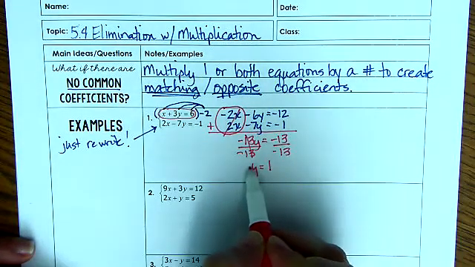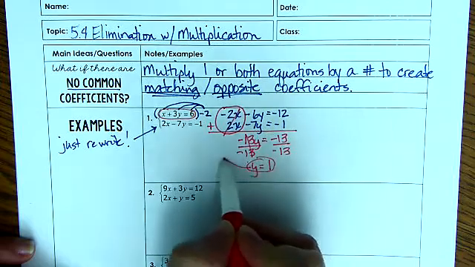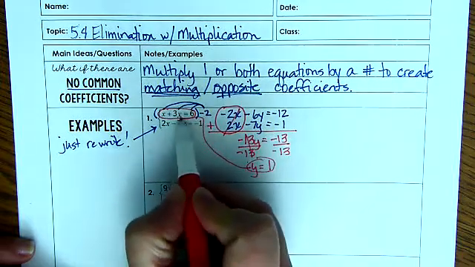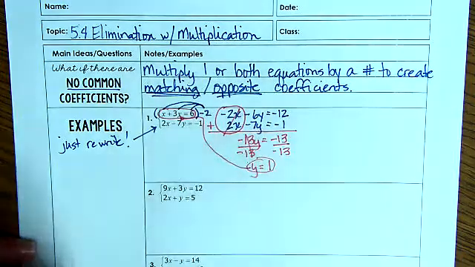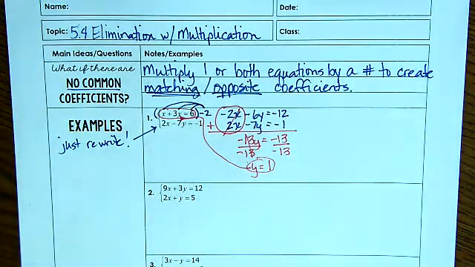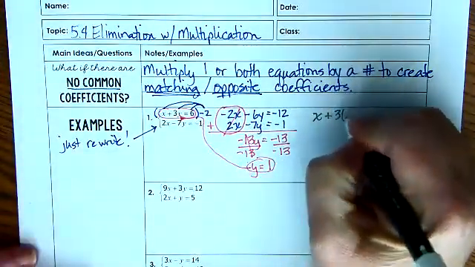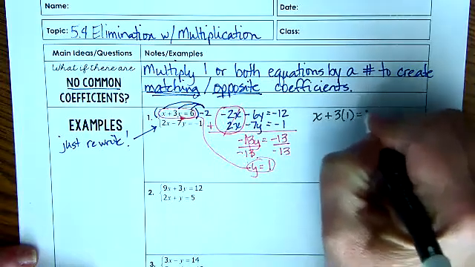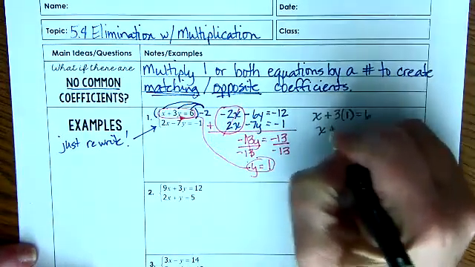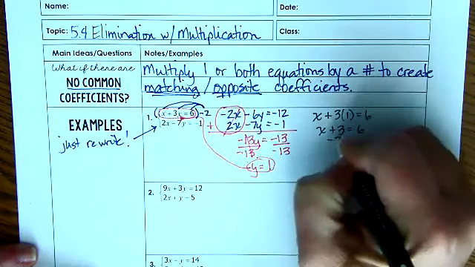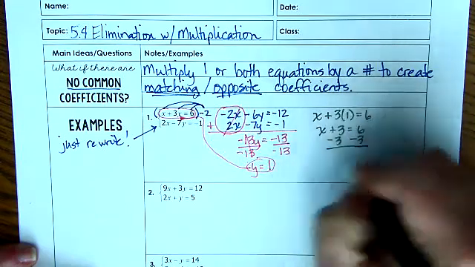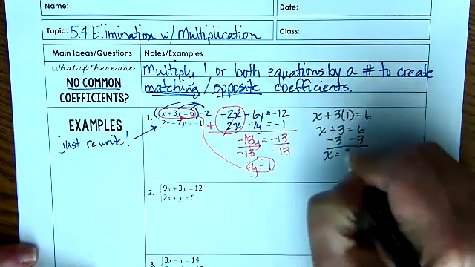So I'm going to plug the y that I found in for this y here. So I've got x plus 3 times 1 equals 6. x plus 3 equals 6. Subtract 3, x equals 3.